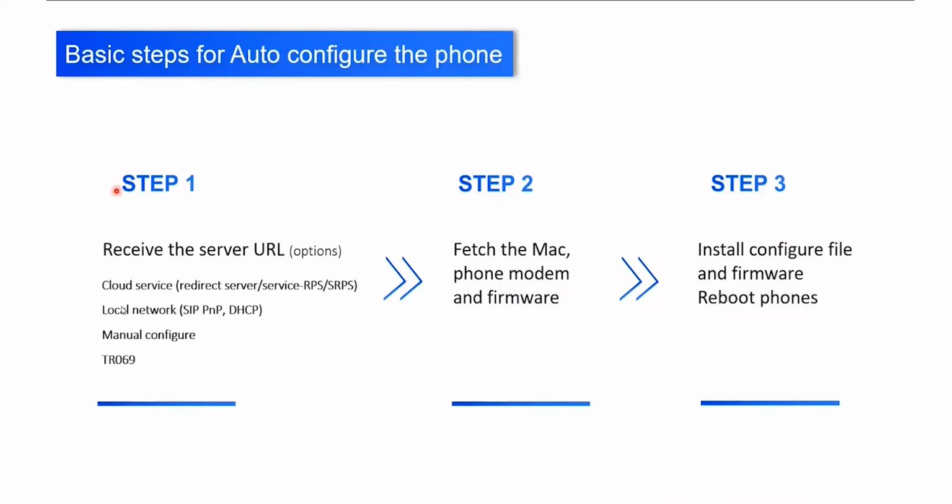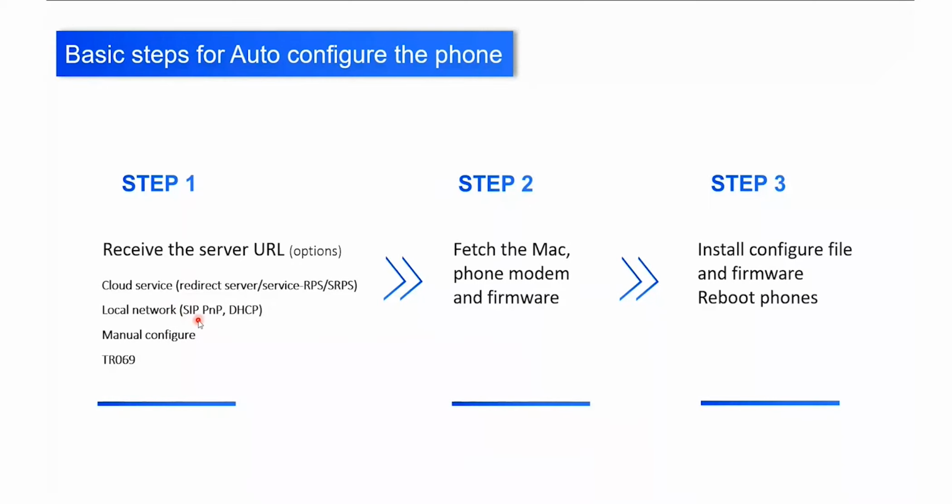These are the basic steps, but it depends on the phone or vendor. Some vendors support five or six retrieval methods, and some support two or three. At least, most vendors offer cloud service, RPS, and a local method.